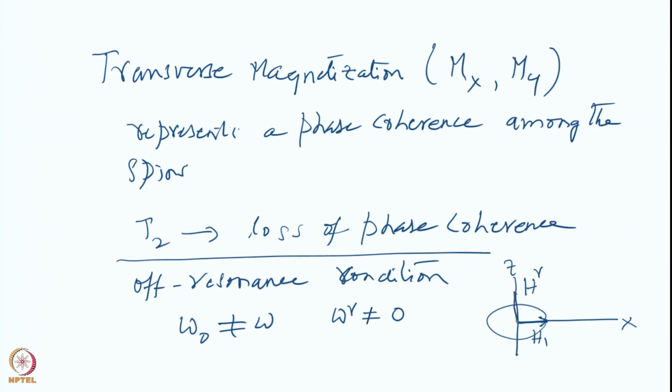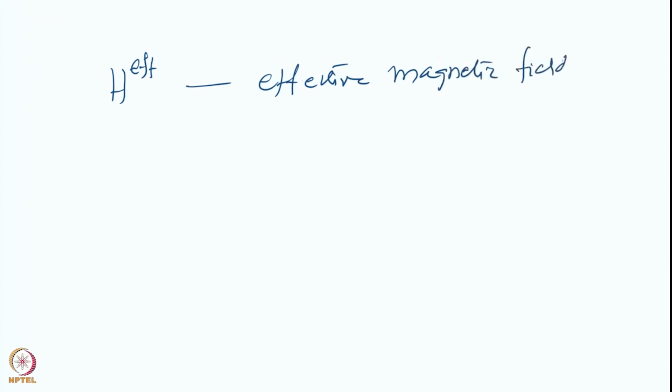So, suppose I have this vector here, the HR is represented like this. Then I will have here a vector addition, which is this, and this is called H effective, the effective magnetic field in the rotating frame.